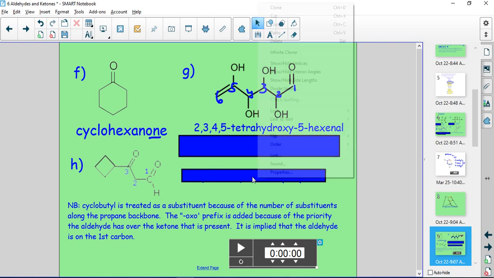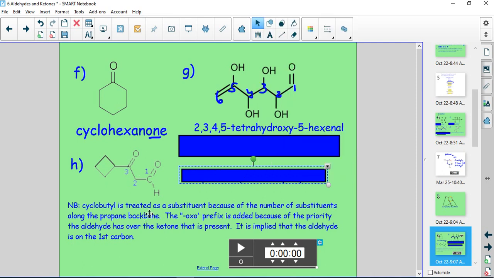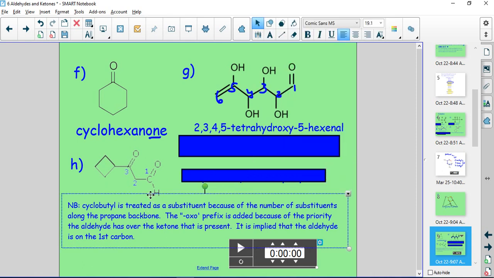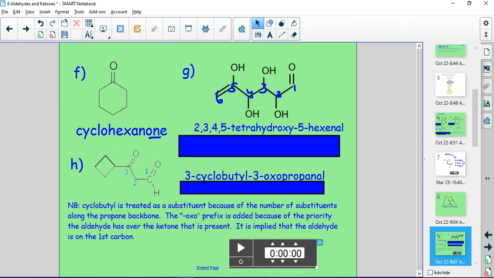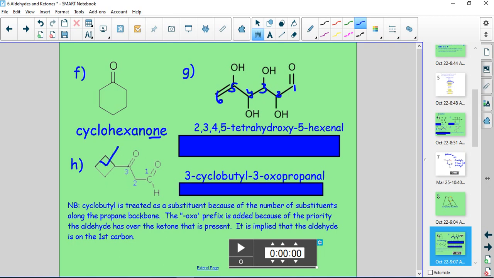So the only new part here, and I've stated the addition to our rules, is that you are going to add a prefix or add the name for this central or non-terminal carbon when it doesn't take priority. I know it's going to look a bit funny, but this is the name. 3-cyclobutyl, okay, that part should be fine because that's referring to things you've seen before, the cyclic alkyl group. 3-oxo, this is the new part.